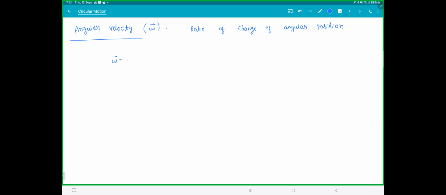So omega bar is nothing but d theta by dt. So omega bar is also a pseudo vector. If you want to find omega average, that is simply theta final minus theta initial by time. So angular displacement will be integral omega dt. This is nothing but area under the omega-t graph.